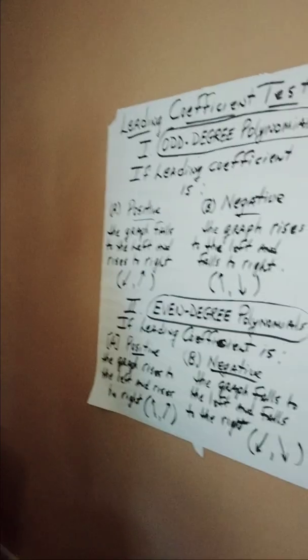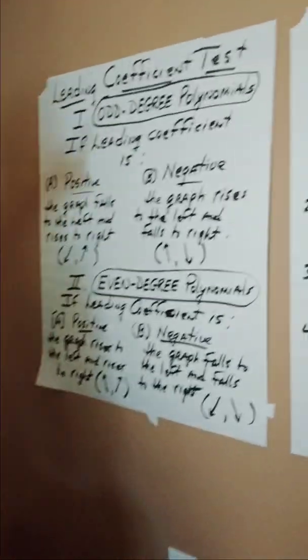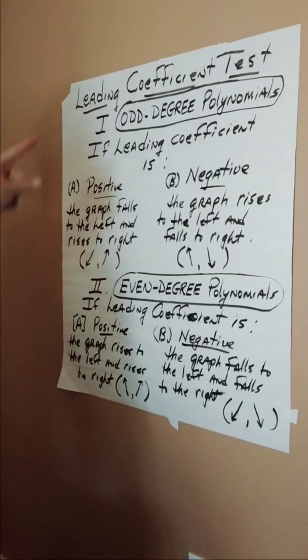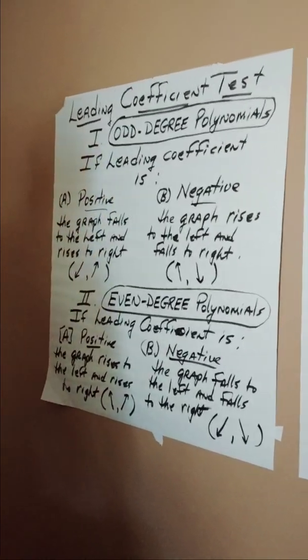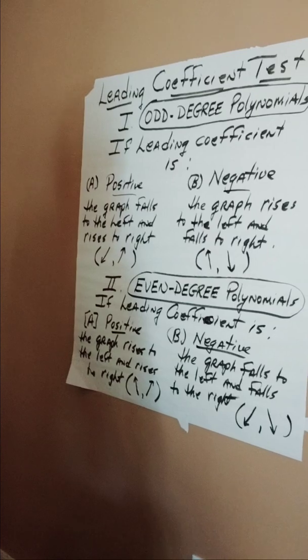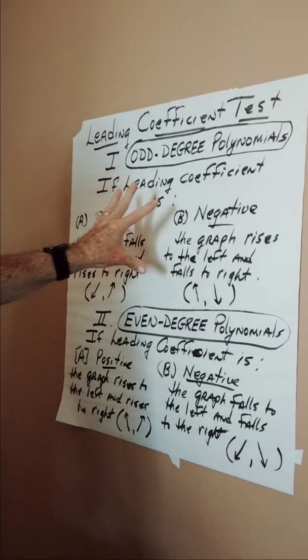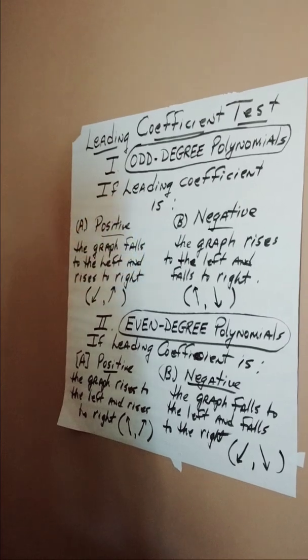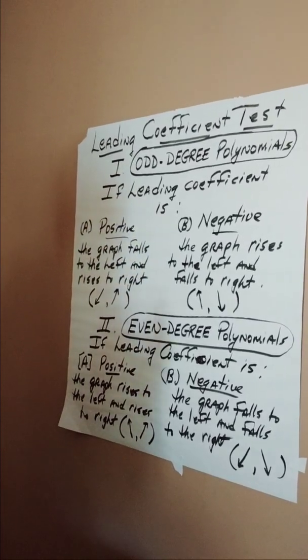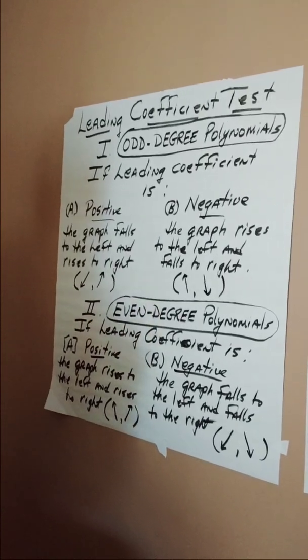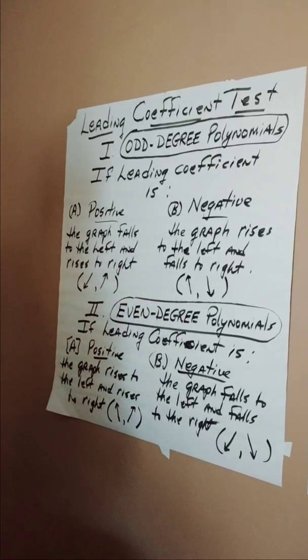Let me make one parting comment about odd degree polynomial functions. If the degree is odd, the graphs of those types of polynomial functions will always have what's referred to as opposite behavior.